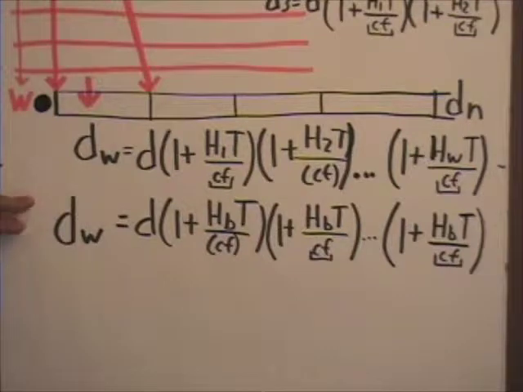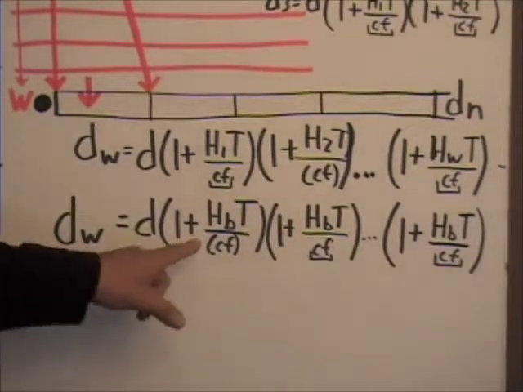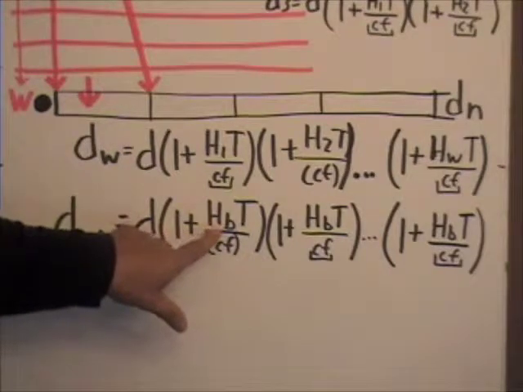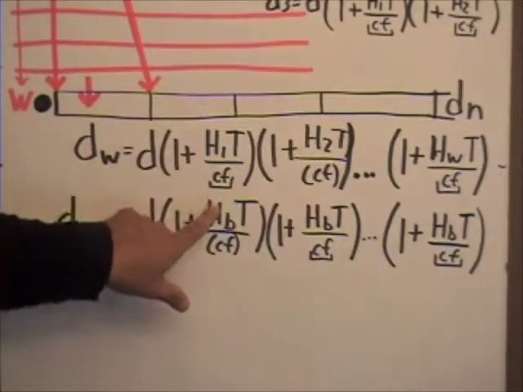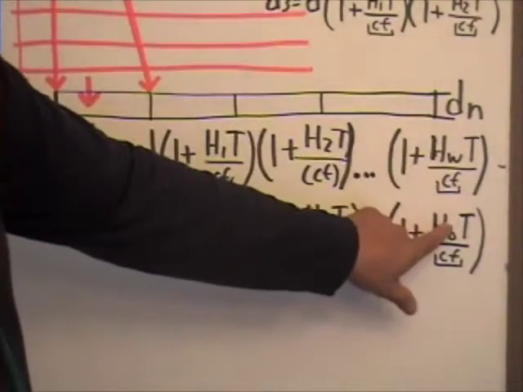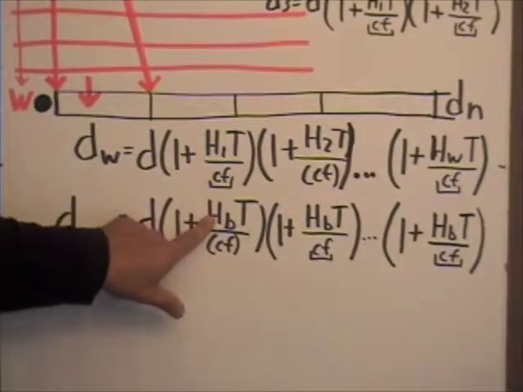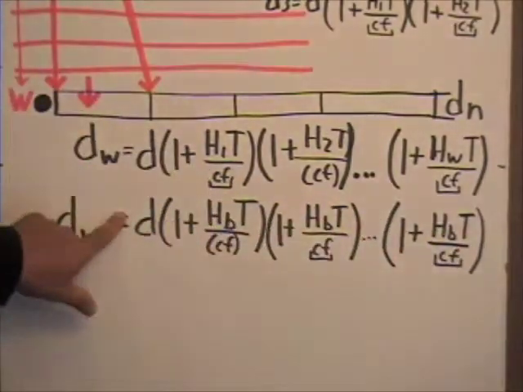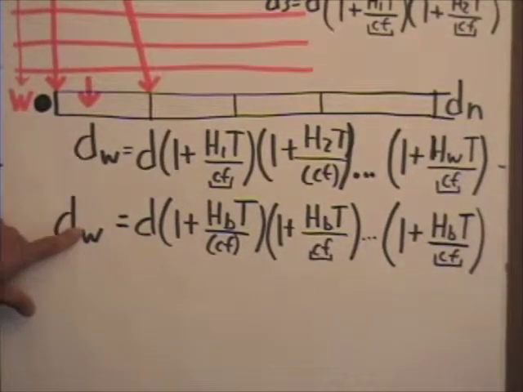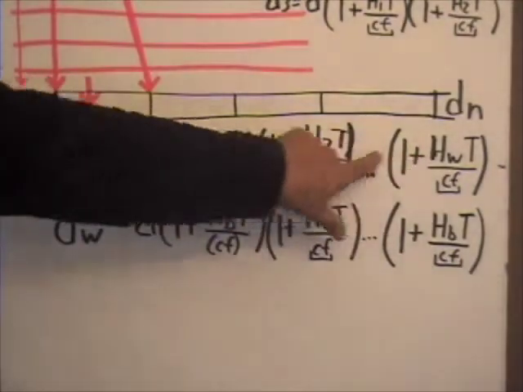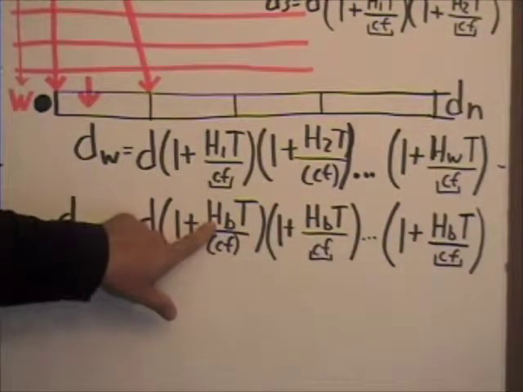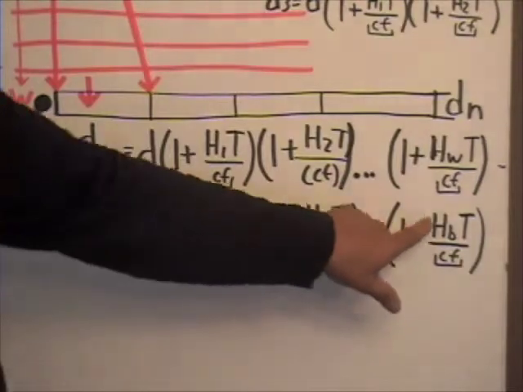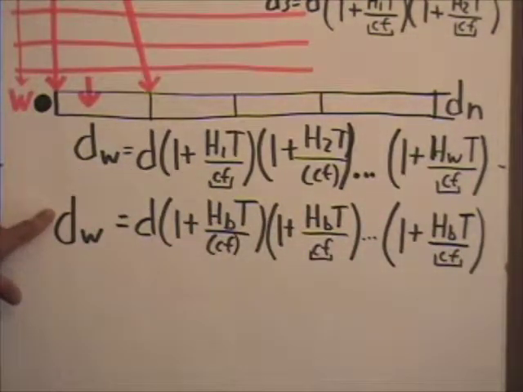So we say to ourselves, what if we could find one value for the Hubble constant, which I'm going to call the blended Hubble value, which we could put into this equation in every spot so that the total of the equation when it's all multiplied out is still the same. This would be a way of simplifying this equation so that it's a lot easier to work with. That is where the blended Hubble constant comes from in this work.